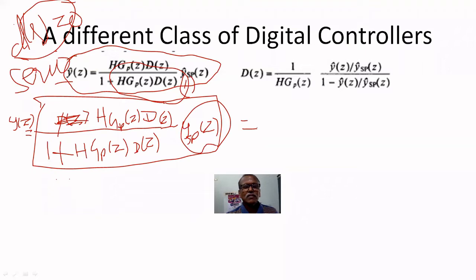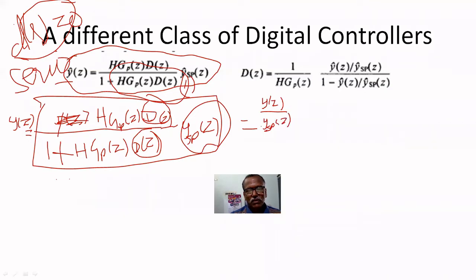Now let us find the controller D(z) from this servo response. For that, you bring this Y(z) to the left hand side. You will get Y(z) upon Y set point of z.